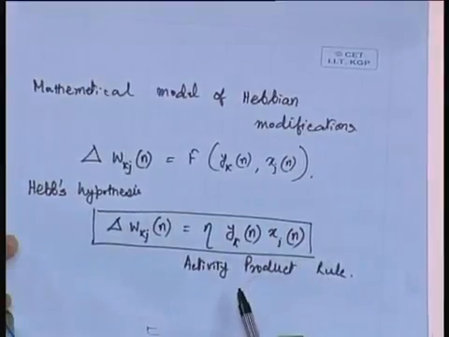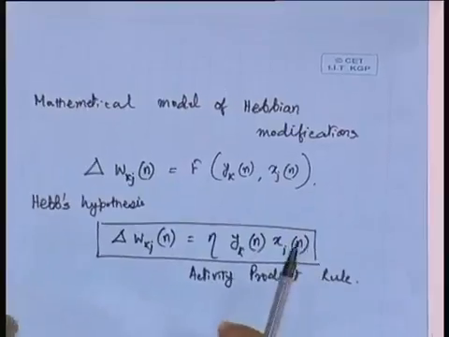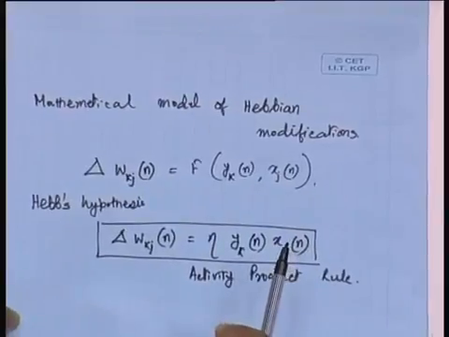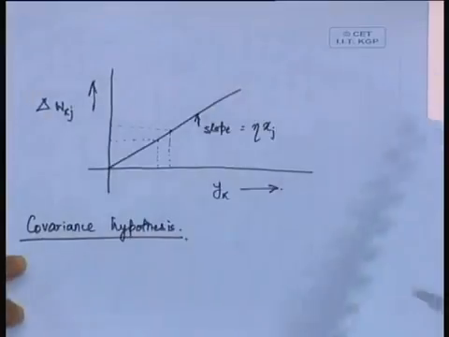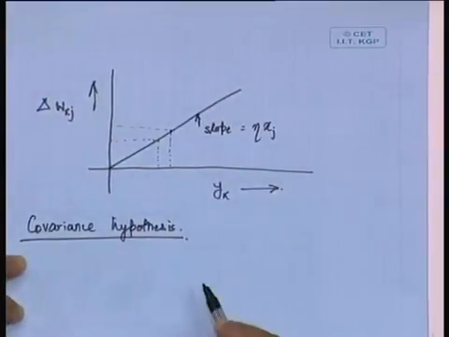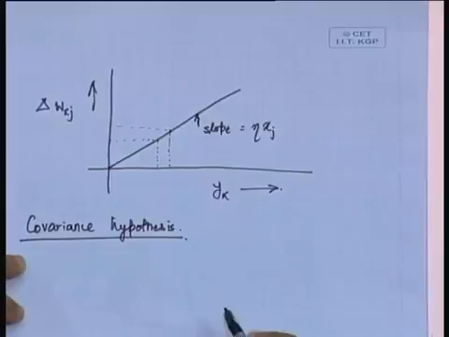Instead, we are going to consider its strength above some average value. So, we define some time averaged value of Xj and some time averaged value of Yk.